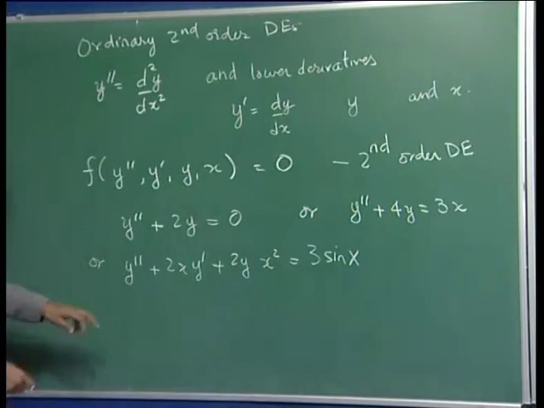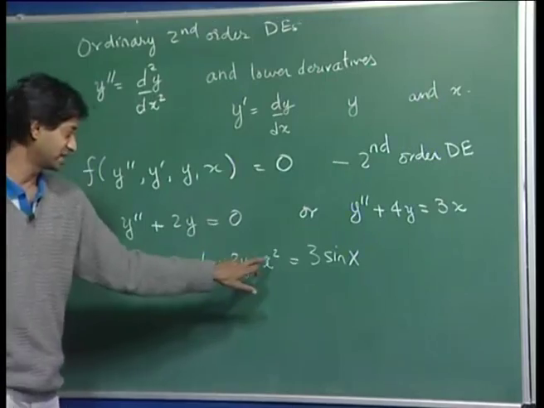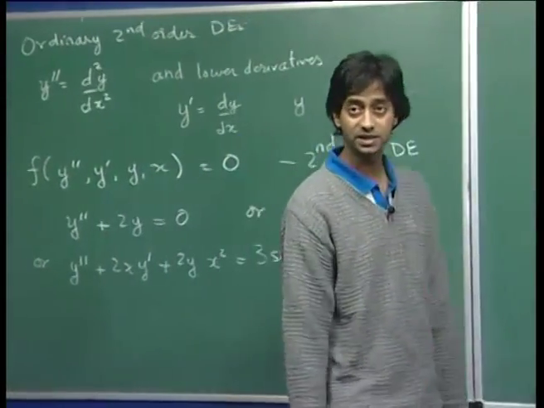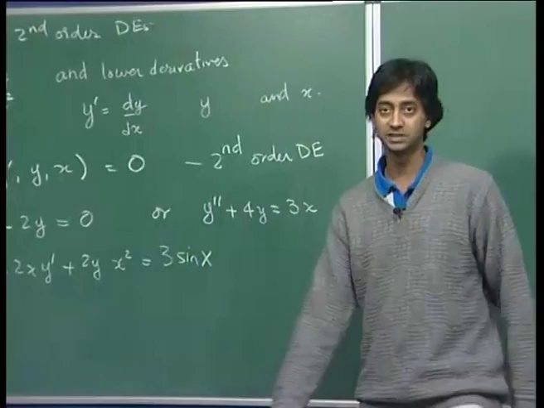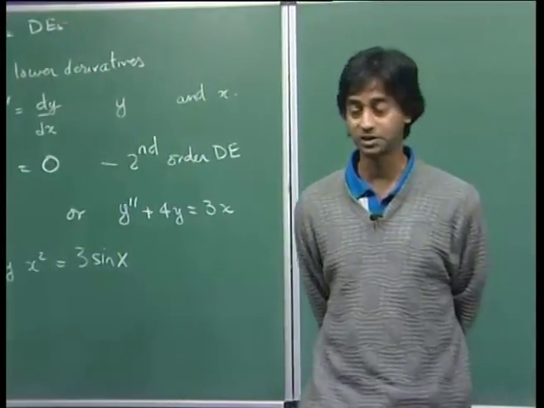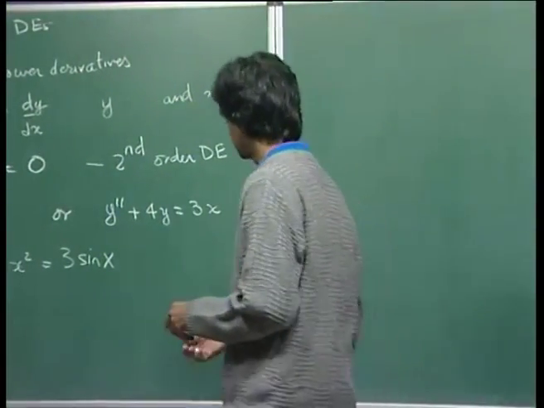So this contains y double prime, y and x. So it can contain some or more or all of these, and that is what forms a second order differential equation. Okay.